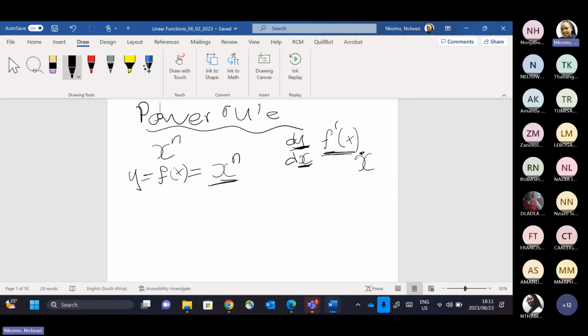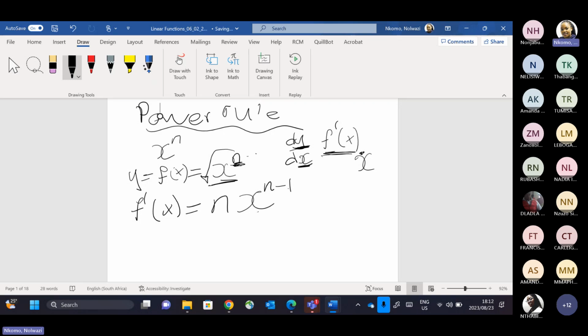Then y prime of x would be n times x to the power n minus 1. You take the power, multiply with it, then subtract 1 from the power.